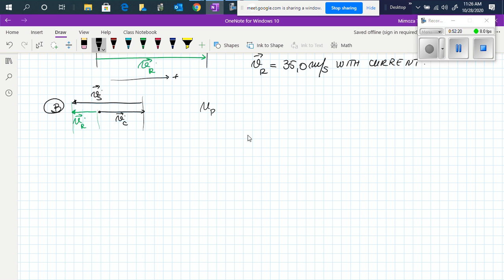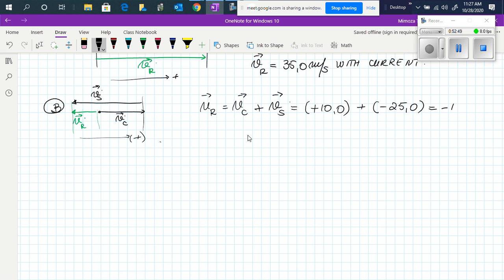And now mathematically, the resultant velocity is always the current plus the swimmer. Those are collinear, so you assign one direction as the positive direction; any direction will be okay. Then you say this is positive 10, because you assigned going east as positive, plus negative 25.